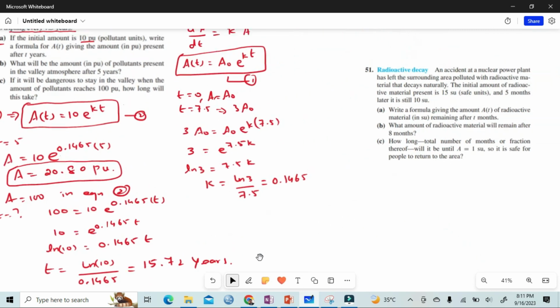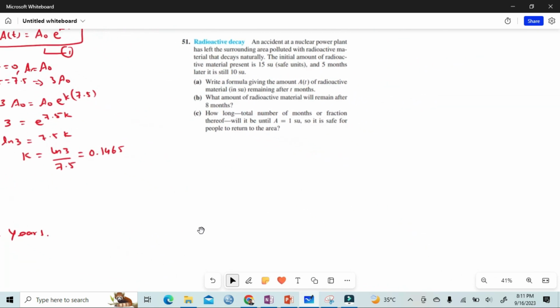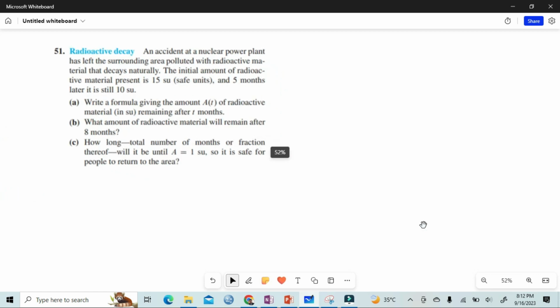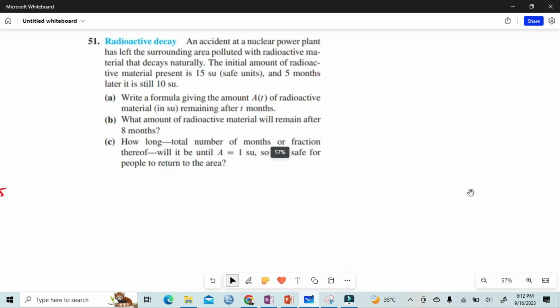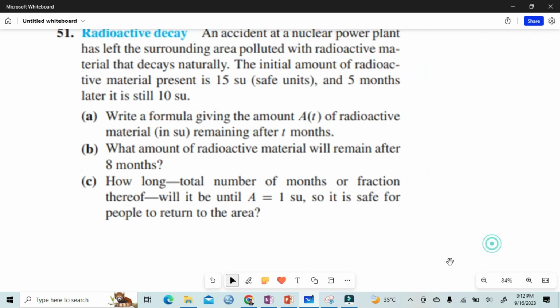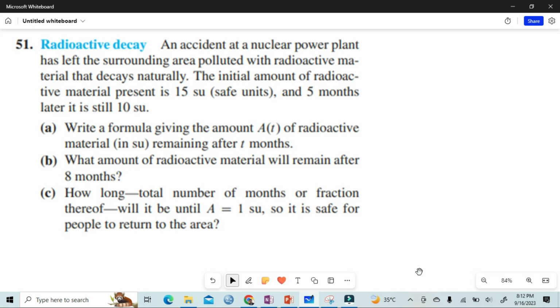Okay. Next question is radioactive decay. Problem number 51 from the PowerPoint. Radioactive decay. So it is decreasing, that K will be negative, and we will write the differential. An accident at a nuclear power plant has left the surrounding area polluted with radioactive material that decays naturally, so decreasing.